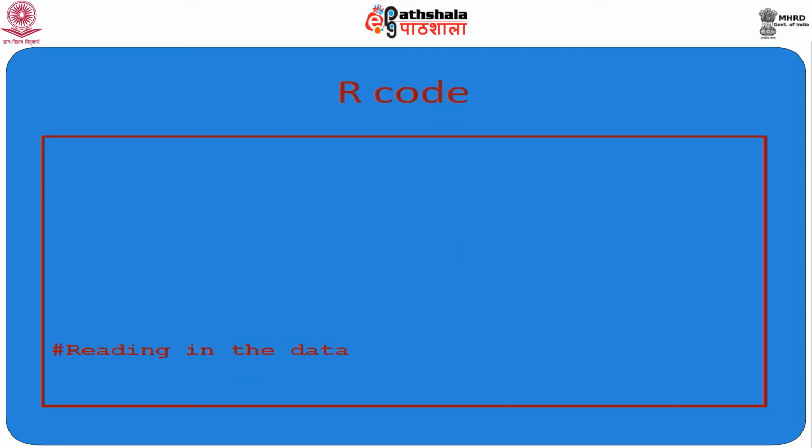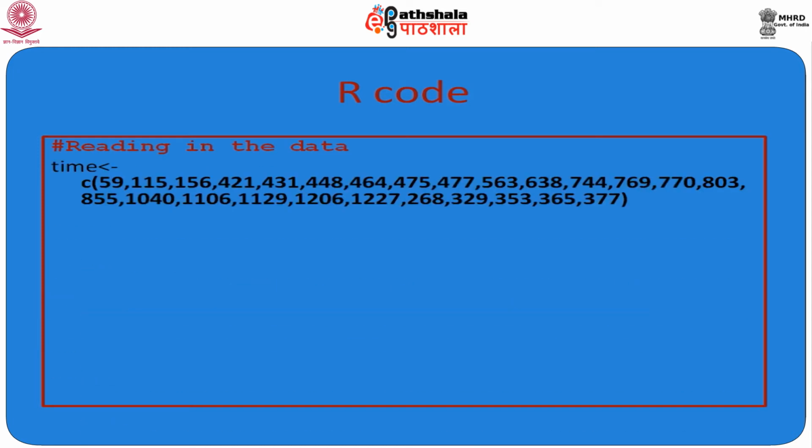Here we will go for reading and importing the data. So, we are calling into the R editor. In the R editor we put time as the observation of 59, 150, 156, like all the individuals having the observation time mentioned here.